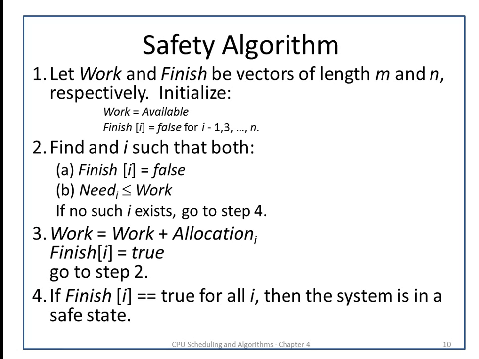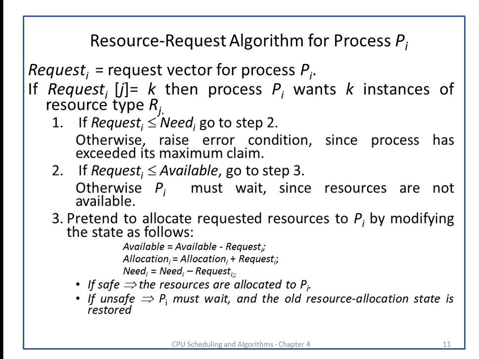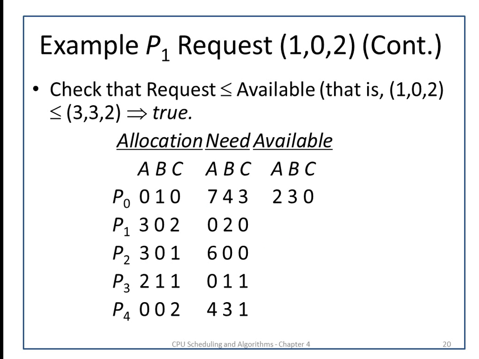So every time when we have completed the execution of a process, we have added the resources of that process to the available, so that our available gets updated and that available can be used to satisfy the need of the next process. So this safety algorithm is followed so that we can get the safe sequence of the processes execution.